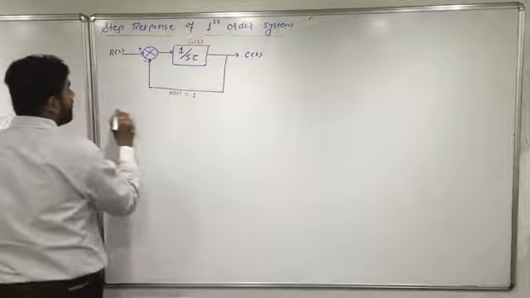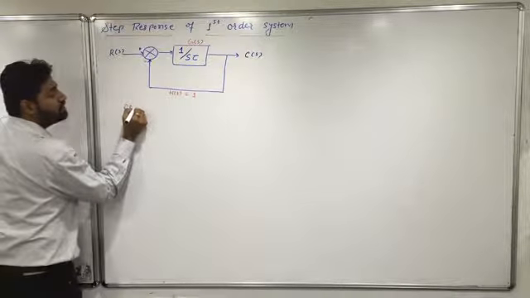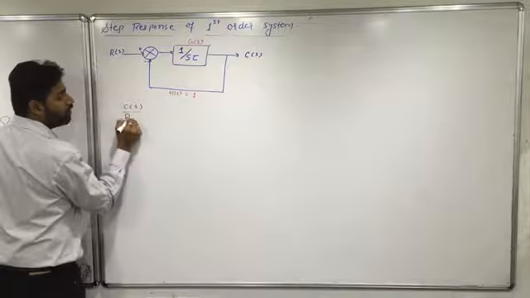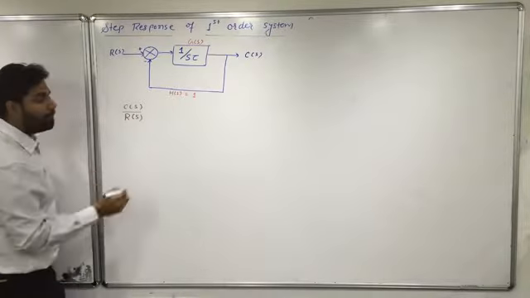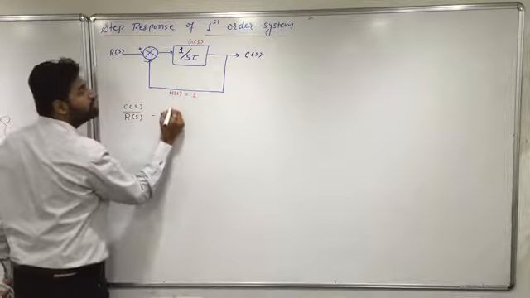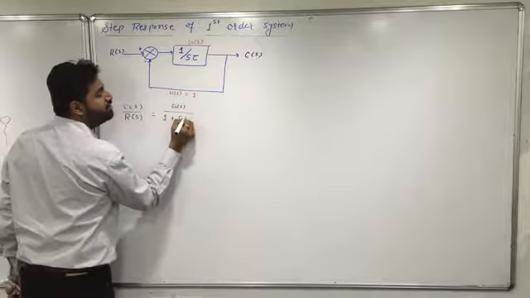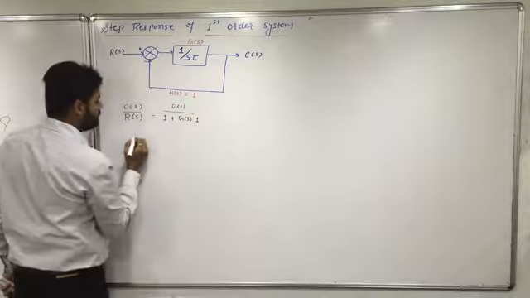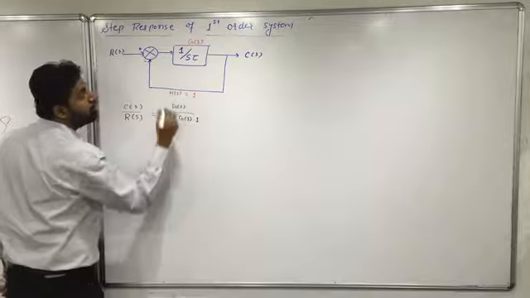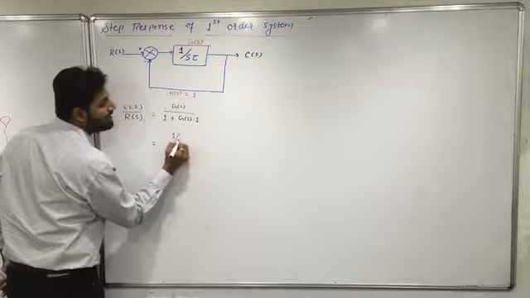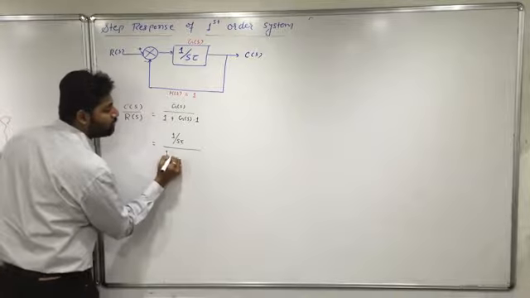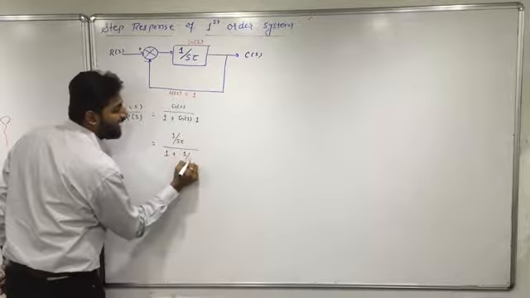So the transfer function, that is C of s upon R of s, is equal to G of s upon 1 plus G of s into 1. So we can say that G of s is 1 upon s tau divided by 1 plus 1 upon s tau.